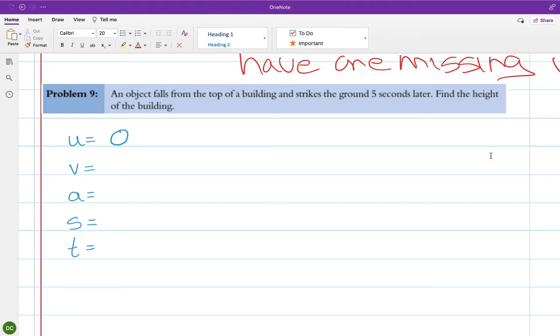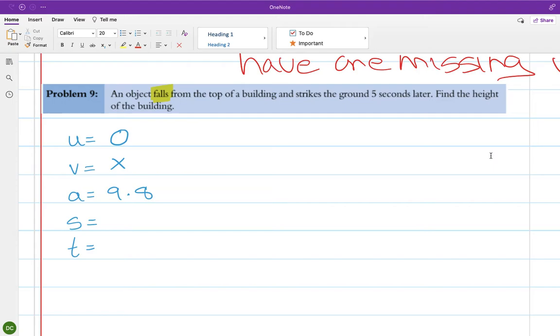The final speed, I don't have. I don't know if I need it, but at the moment I definitely don't have it. A, again, there's no number given, but if this object is falling, then what's the acceleration acting on it? The acceleration acting on it is gravity, so that's 9.8.